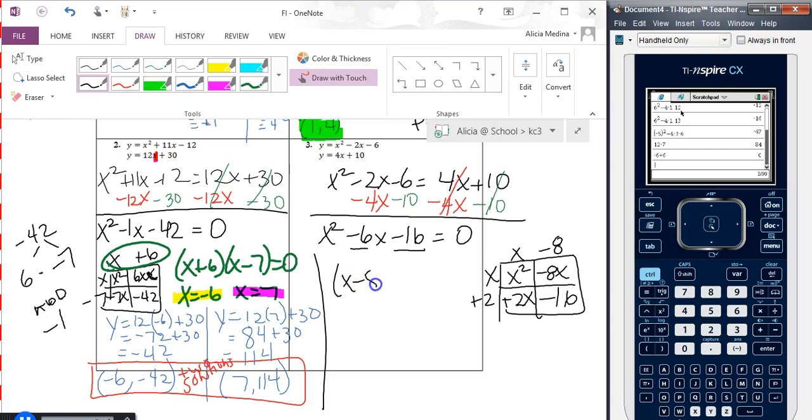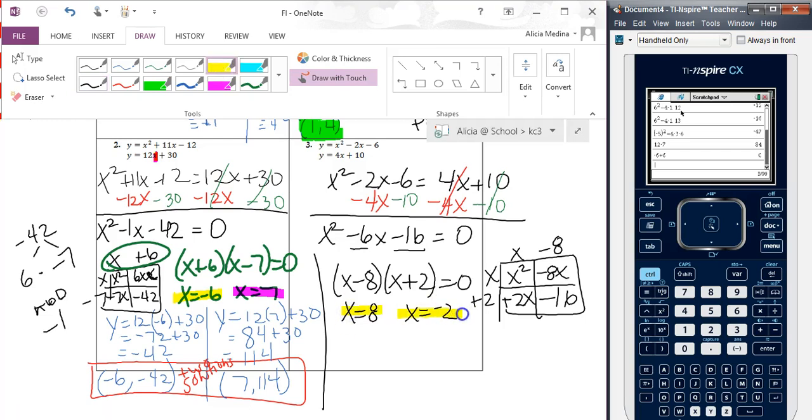So this is going to become x minus 8 and x plus 2 equals 0. Solving for each of these x values, x is going to equal positive 8 and x is going to equal negative 2. We have to go back and we have to substitute these two x values individually into one of the equations.